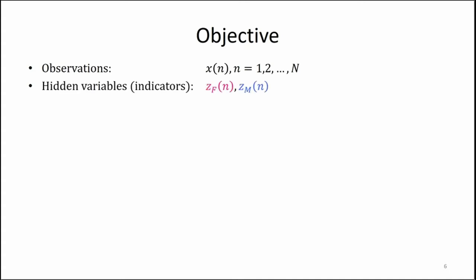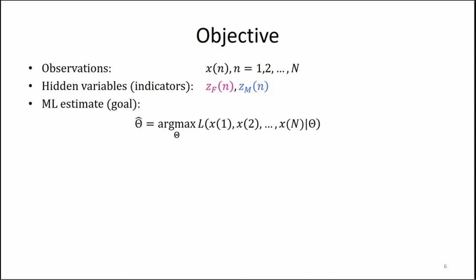The hidden variable, which is an indicator variable, is z sub fn and z sub mn, which is shorthand for zn equals f and zn equals m, respectively. And we have to perform the max likelihood estimate to obtain the parameters of this model.